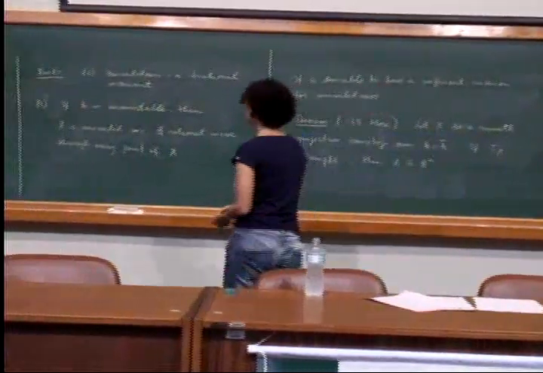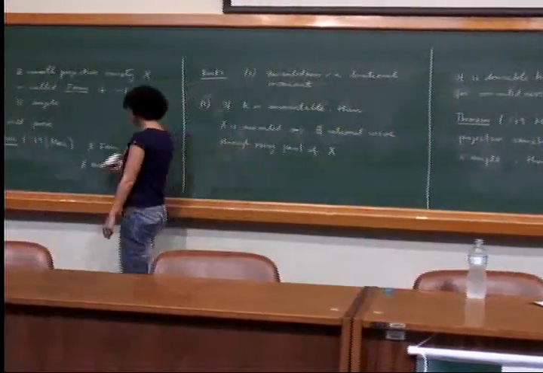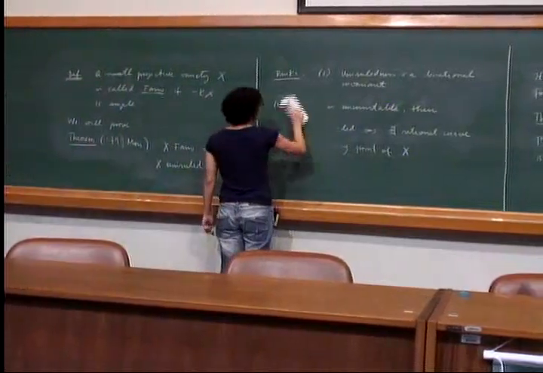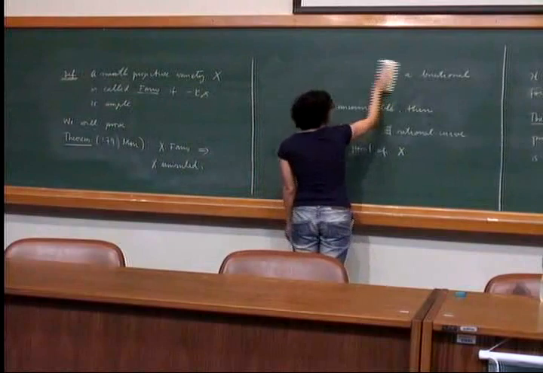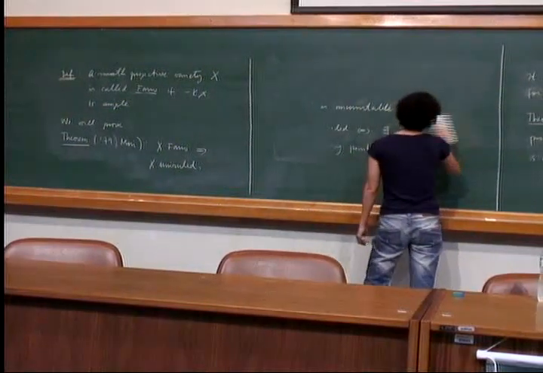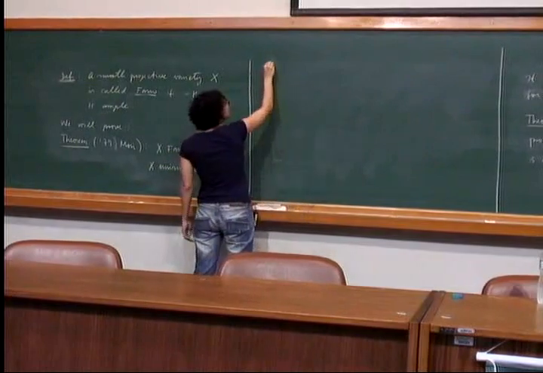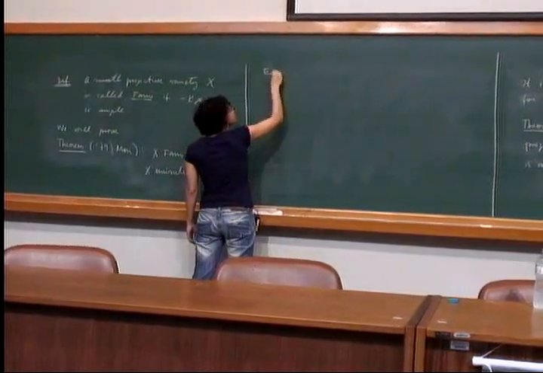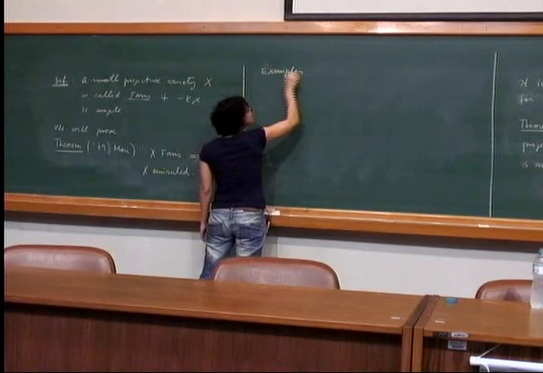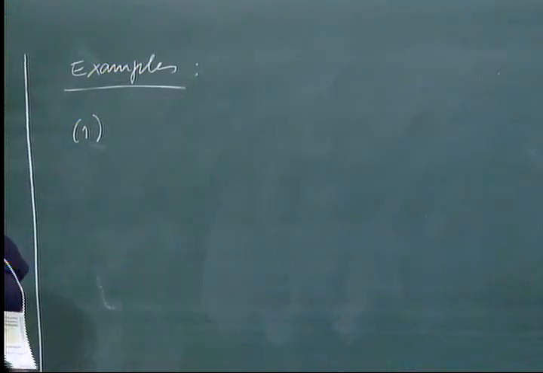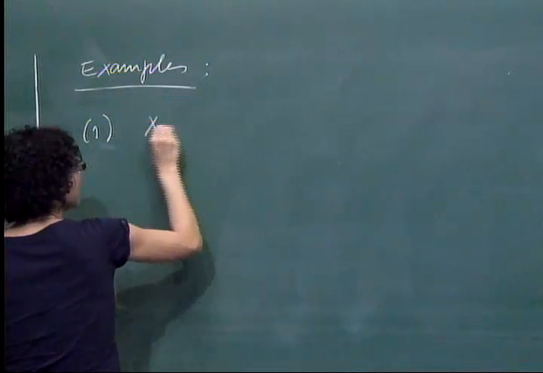Okay, so for that we will need quite some deformation theory, but before we do so, let me just work out some concrete examples. Very easy examples, in fact, the easiest ones. So of course, the first example of uniruled variety is P^n.